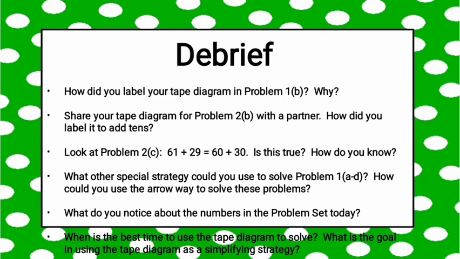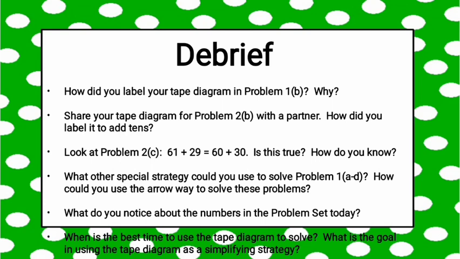let's go over the lesson. How did you label your tape diagram in problem 1B? And why? Share your tape diagram for problem 2B with a partner. How did you label it to add tens? Look at problem 2C. 61 plus 29 is equal to 60 plus 30. Is this true?